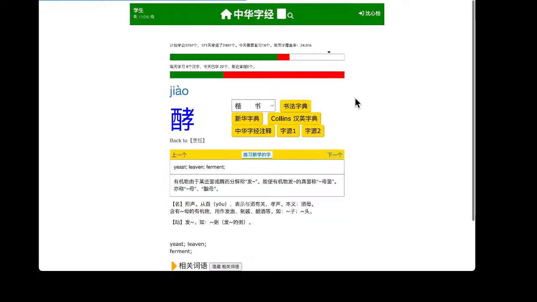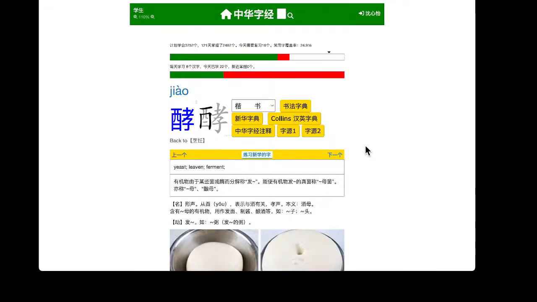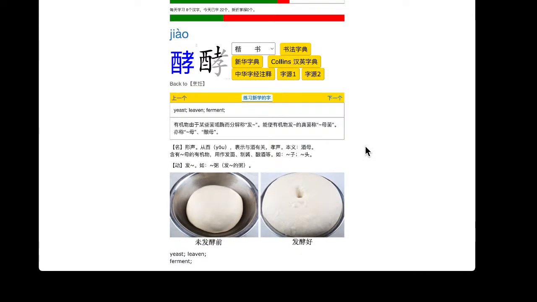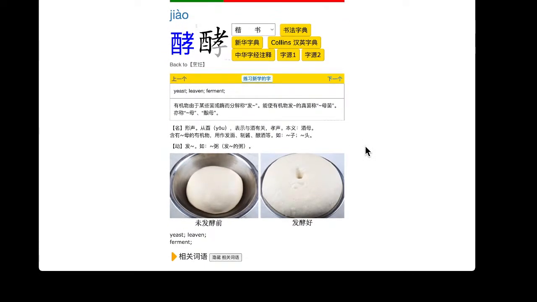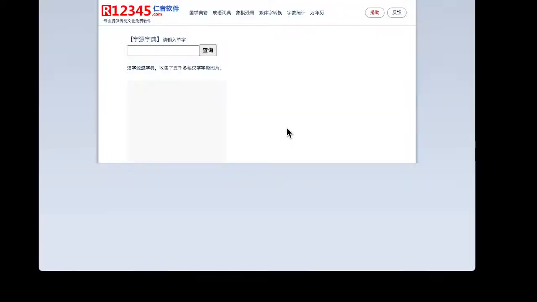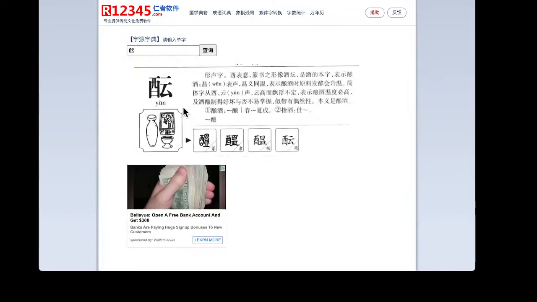Next one. 酵 means yeast, leaven. Okay, so that's the meaning. Hold on, we haven't looked at the last character yet. So this one, because related to wine, has the wine vessel on the left, right?